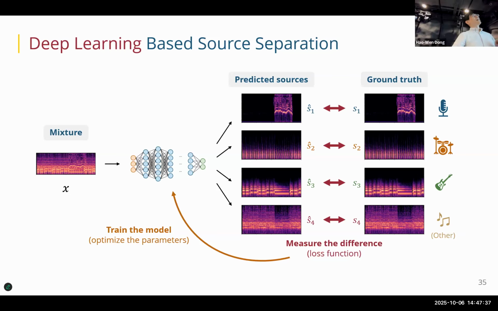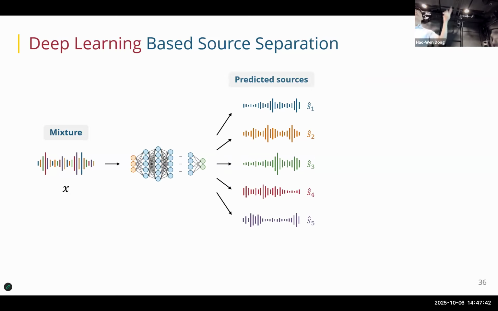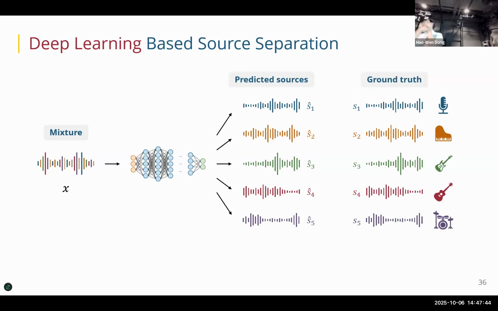But in the waveform case, it's usually very much harder. You cannot just take them and subtract to get the difference, because essentially in the waveform domain there are so many different variations of the same waveform that sound not exactly the same, but pretty much the same. So you have to handle that.